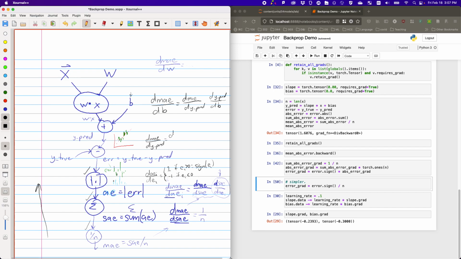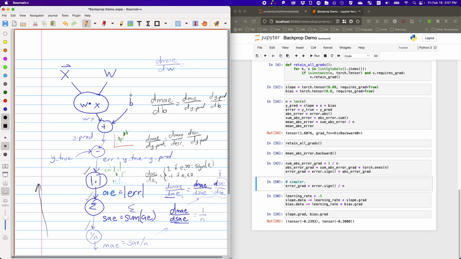Well, that's going to be how much does it change when we change any one of the errors. So error i. Let's look at one prediction at a time, and one error at a time. And then we're going to say how much does the error change when we change one of the predictions.